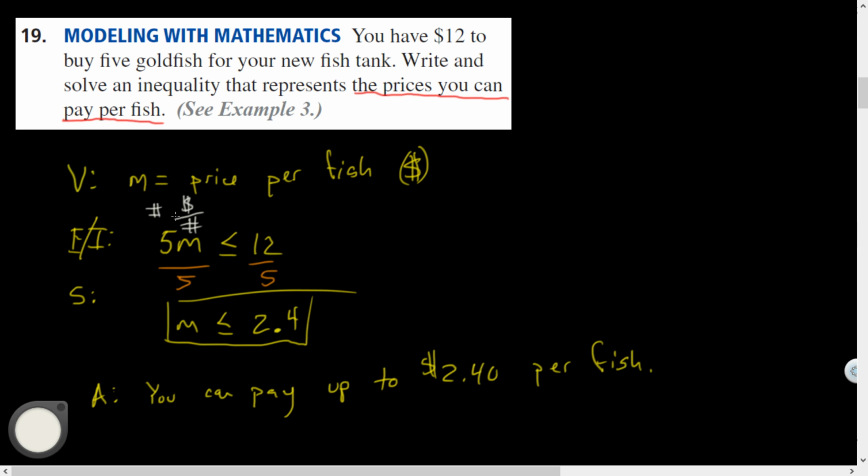And if I multiply these things, notice what would happen with the number of fish in both of those cases. And why? Huh, interesting. Those would cancel out, and I would in fact get what I have over here. The units would be in dollars, which is what I was claiming. Right, $12. So that makes sense. Good stuff.